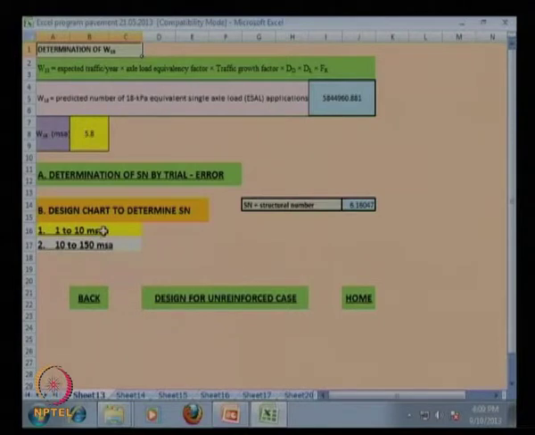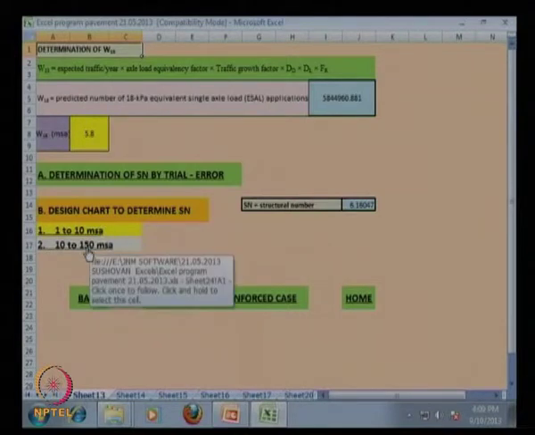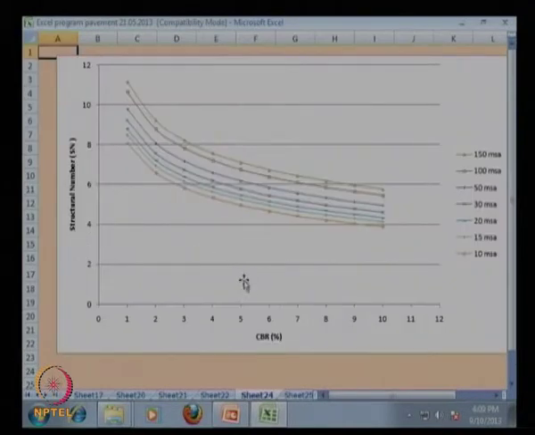So this is for 1 to 10 MSA. You can also calculate for 10 to 150 MSA, using the chart for defined values of CBR and structural number. If the traffic is more than 10, up to 150, you can adopt this chart.